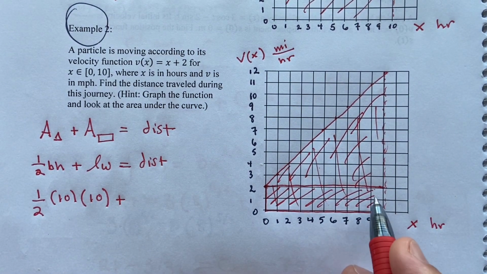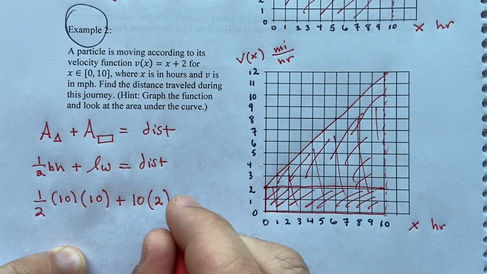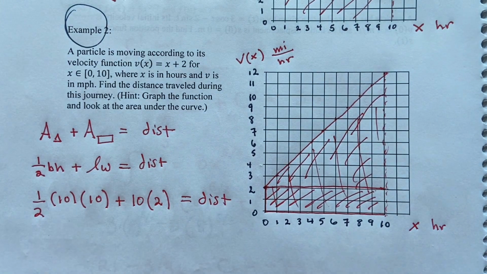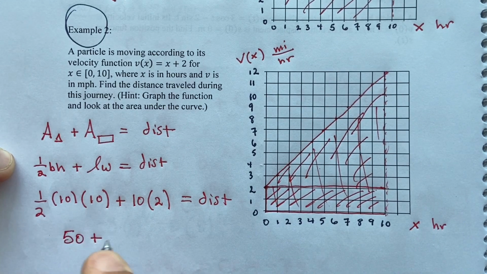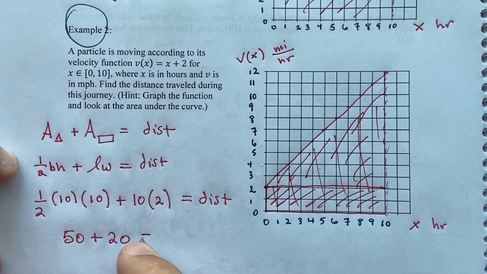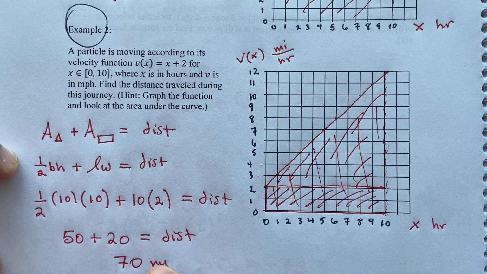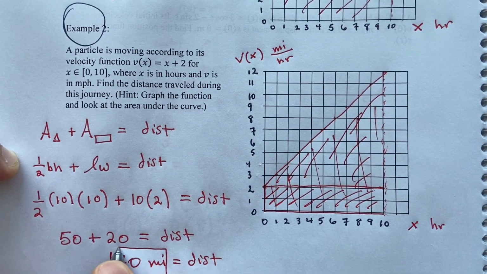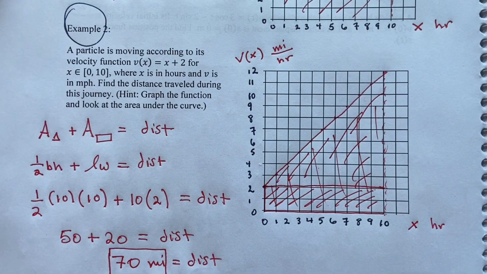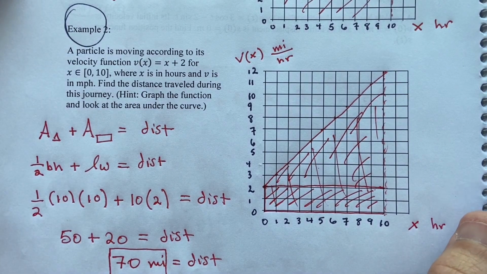So that'll be 10 times 2. This will equal the distance. So we have 50 plus 20 equals the distance. So this thing went 70 miles. Not all particles go 70 miles, but these two happen to.